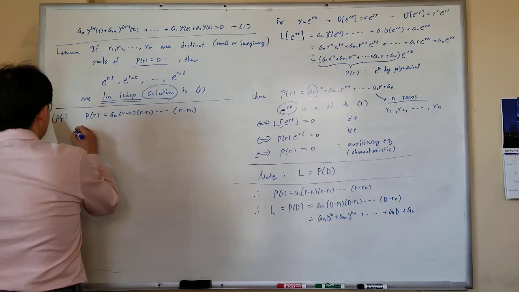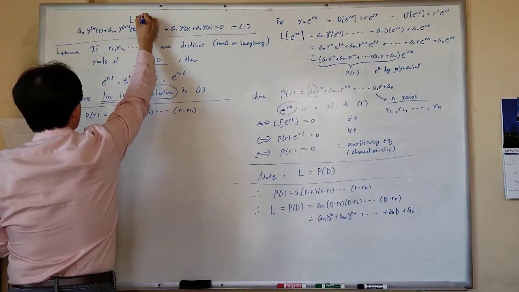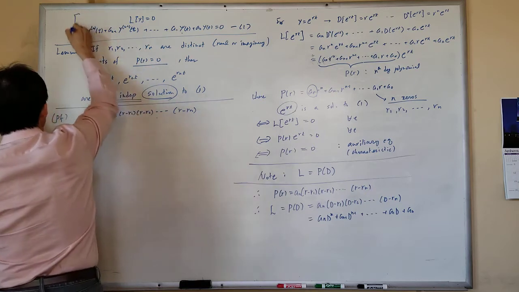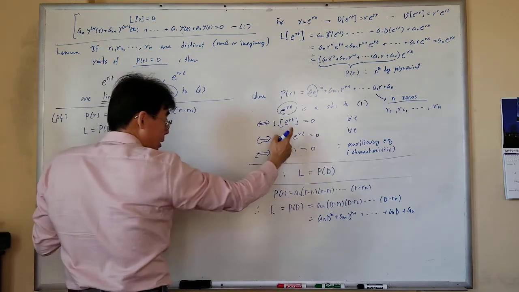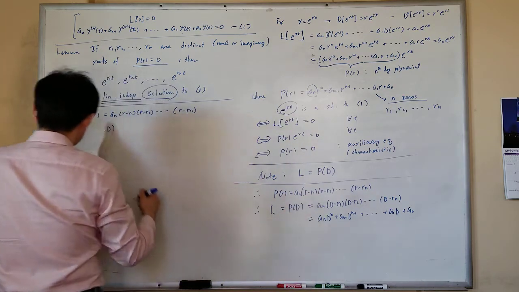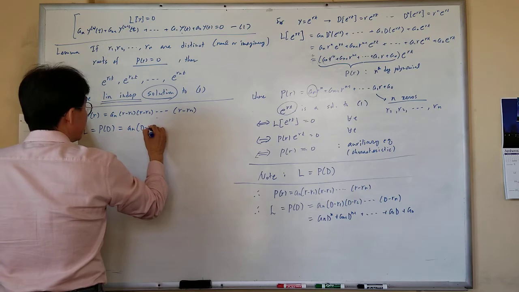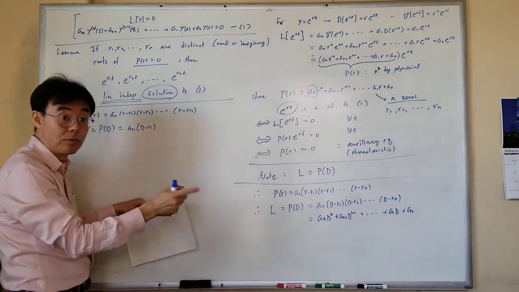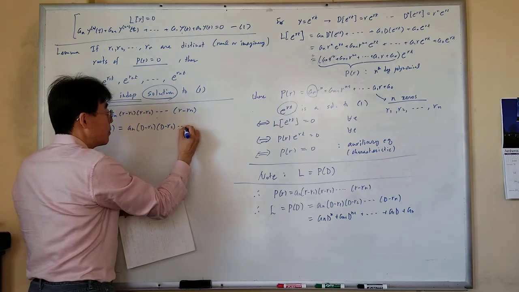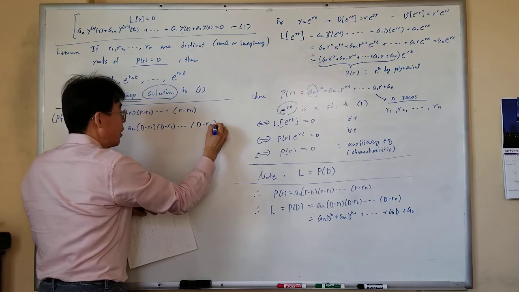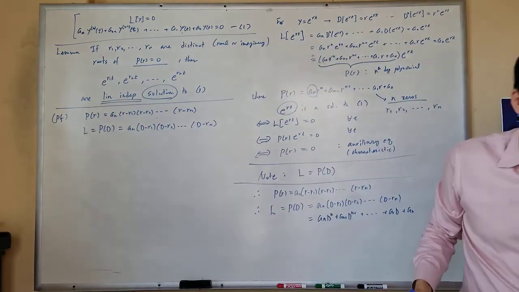Therefore, your linear operator L, with L of y equals 0, is the same as p of D, which can also be written as an times D minus r1, just like a polynomial, through D minus rn.